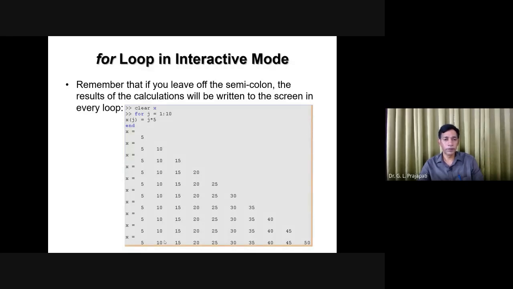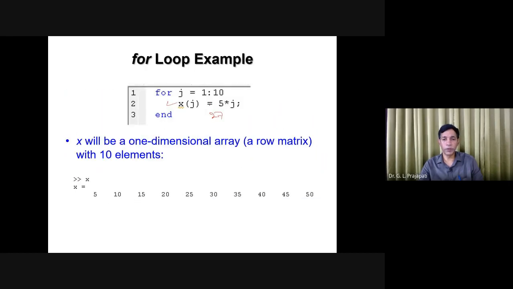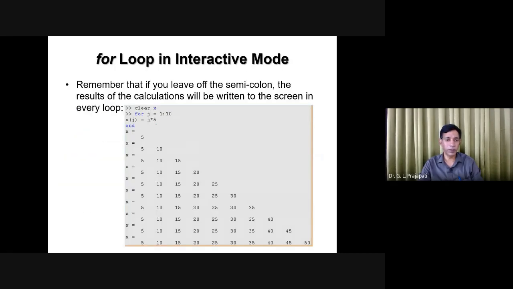If you want to display the result at every step, then you don't put the semicolon here. In earlier cases, you put the semicolon here, and when you put the semicolon, you are not getting the result. If you don't put the semicolon, first time x is 5, next time x becomes 5, 10, next time x becomes 5, 10, and so on.